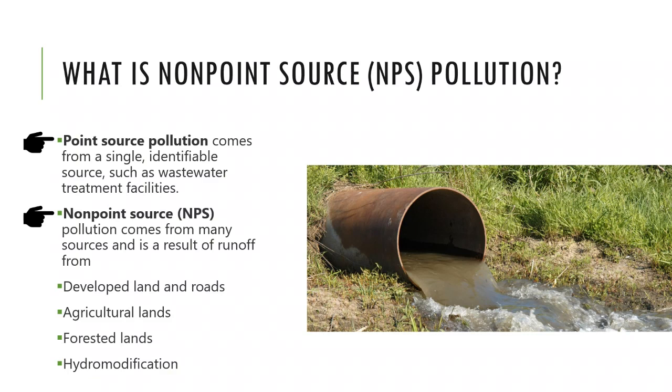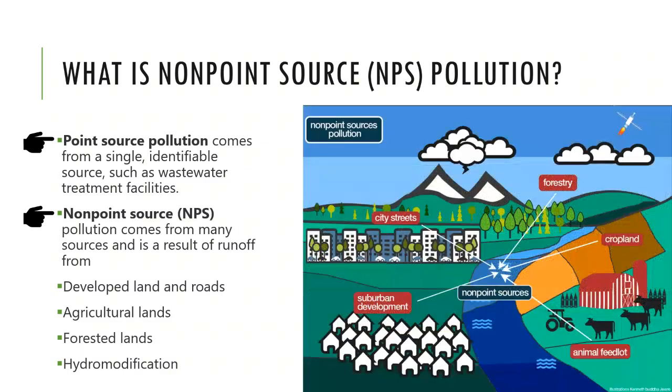So that's in contrast to non-point source pollution, which can come from a variety of different sources. It's much more complex. It can come from developed lands, such as suburban developments, city developments, roadways.